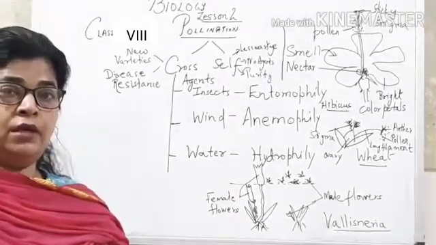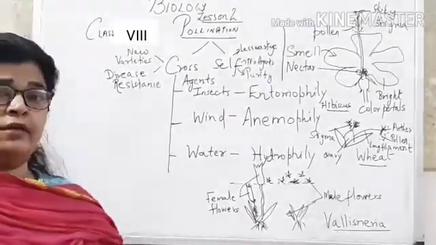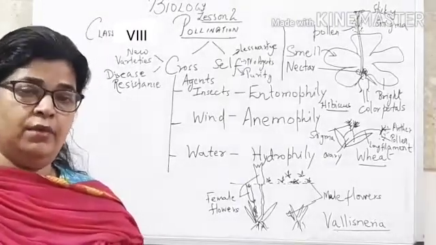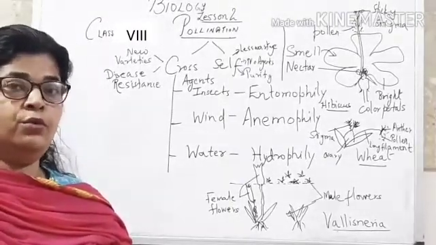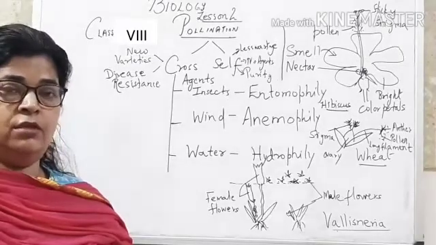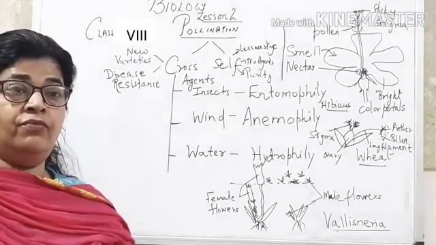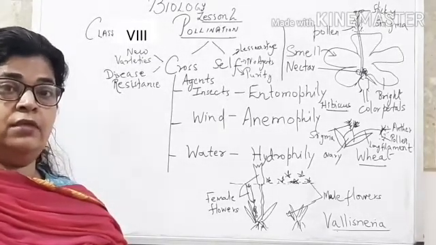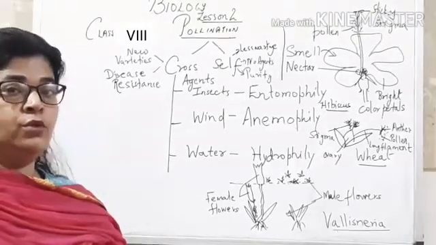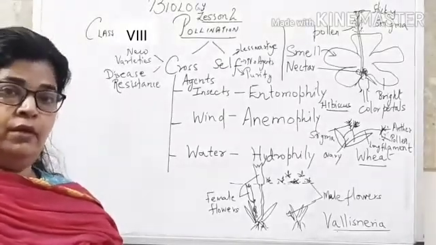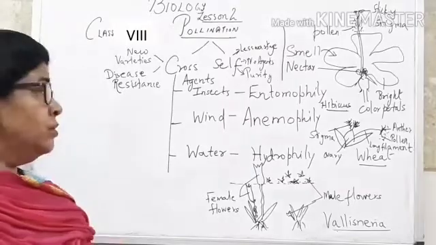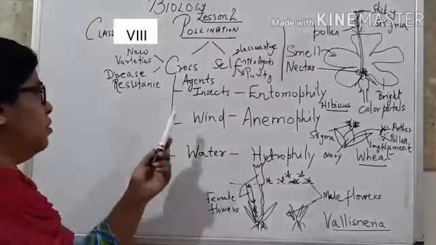Since there is mixing of characters, new varieties can be created through cross-pollination. As well as, if the parent had any disease, it can be overcome through cross-pollination. So that is about cross-pollination.